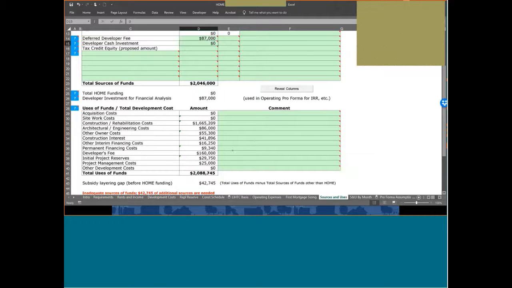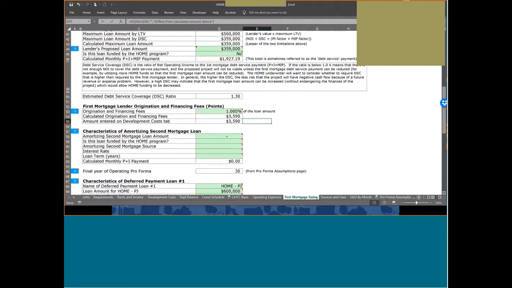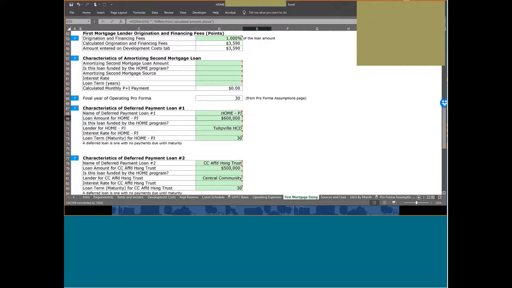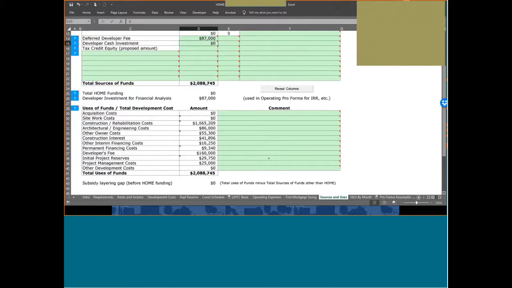In other words, they asked for $600,000. It's not enough to get this deal done, and we're going to go back to them and say, you asked for $600,000, and what you really need in order to get your sources and uses to balance is $642,745.